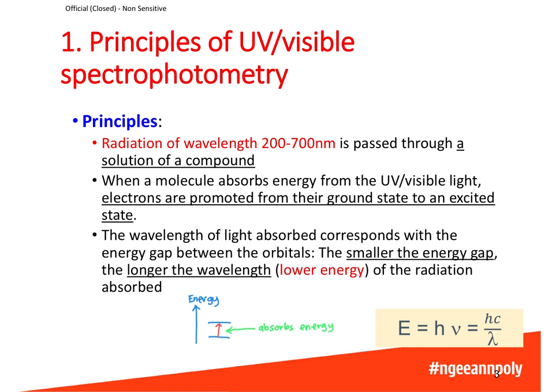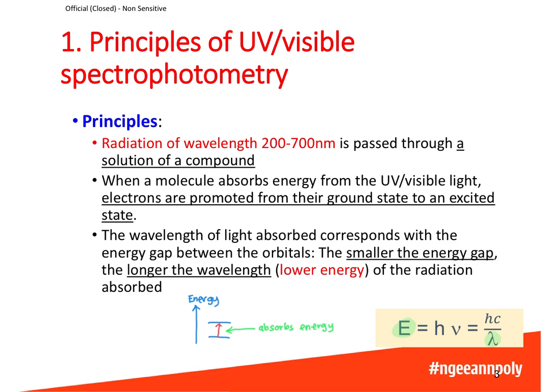If you recall the equation for energy for light, energy E equals hν, which equals hc over λ. Lambda stands for the wavelength of the light. We can see that energy is inversely proportional to wavelength, meaning the higher the energy, the smaller the wavelength, and the smaller the energy, the higher the wavelength.